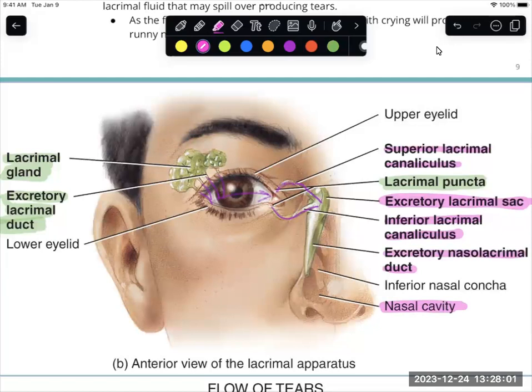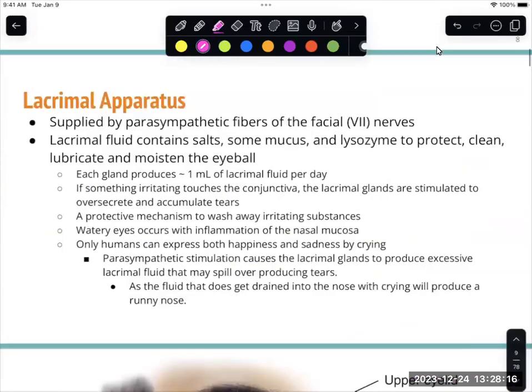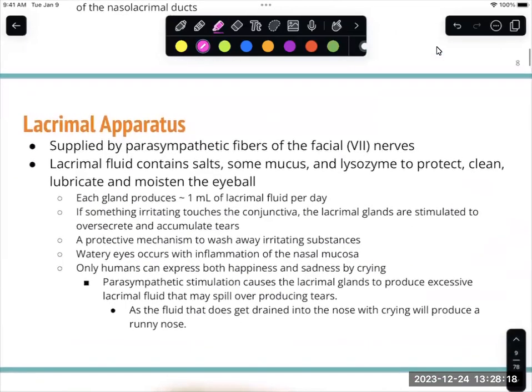Because, yeah, some of these tears are coming off the face, but they're also being drained into this lacrimal sac, which drains into your nasal cavity. The lacrimal gland is supplied by parasympathetic fibers that are on the facial nerve.